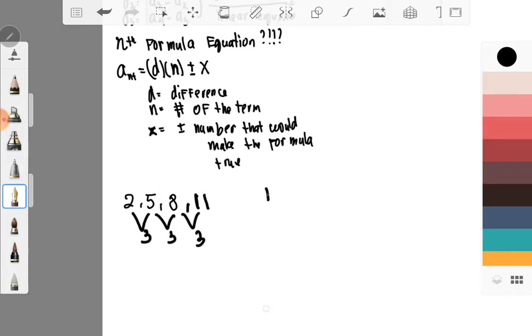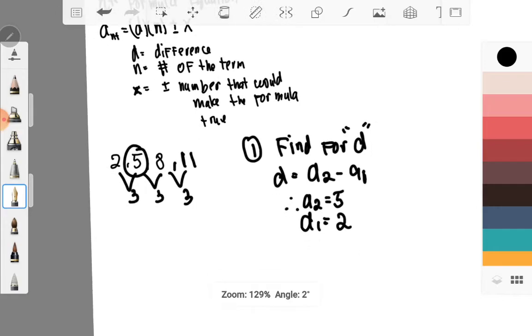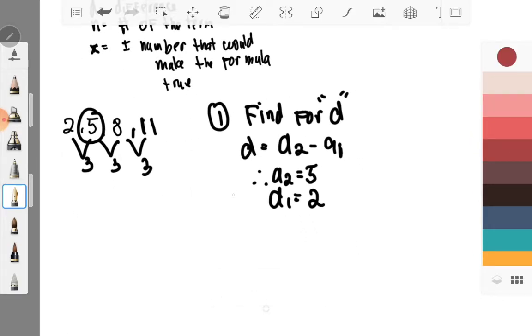Step by step, first, let us find for D. So we have D is equal to A2 minus A1. But take note that our A2 is equal to 5. Tama? And then our A1 is equal to 2. Therefore, our D is equal to 5 minus 2, which is equal to 3.